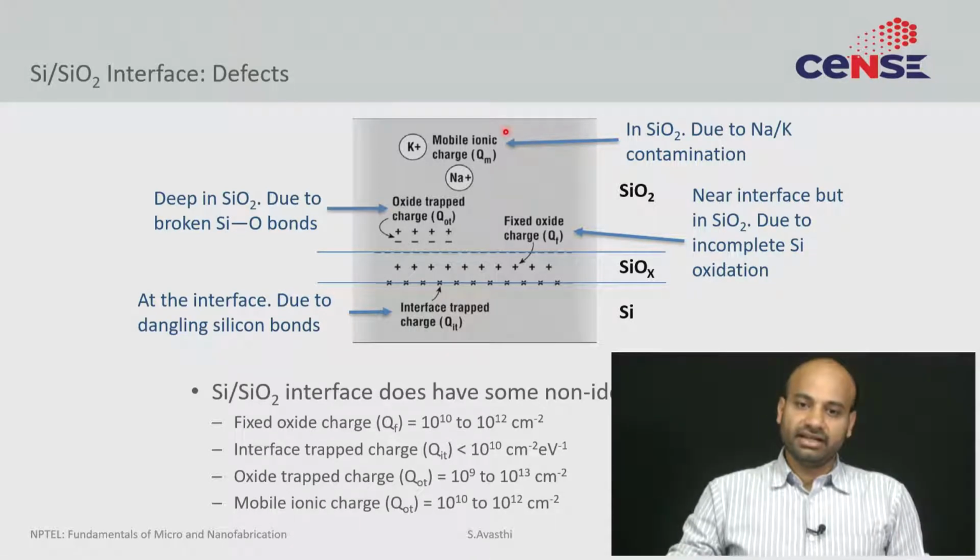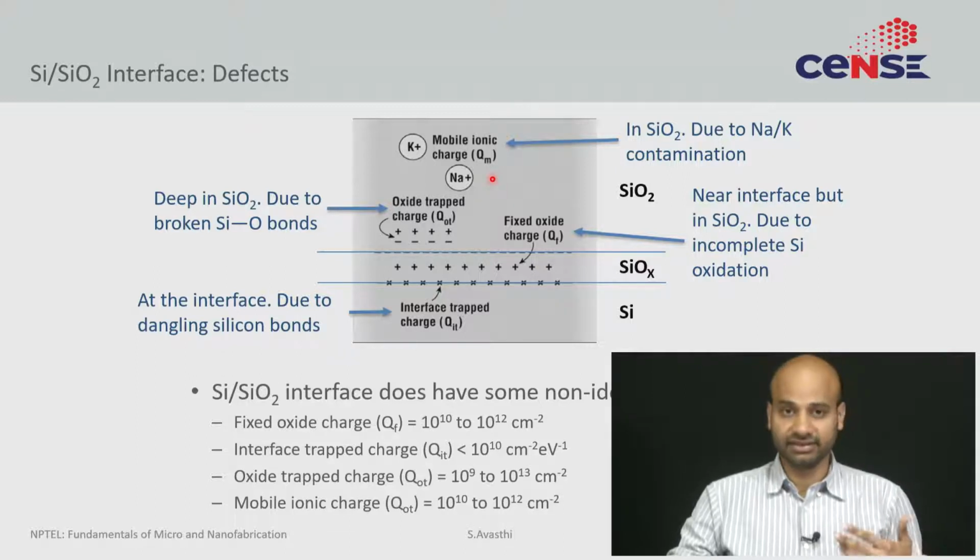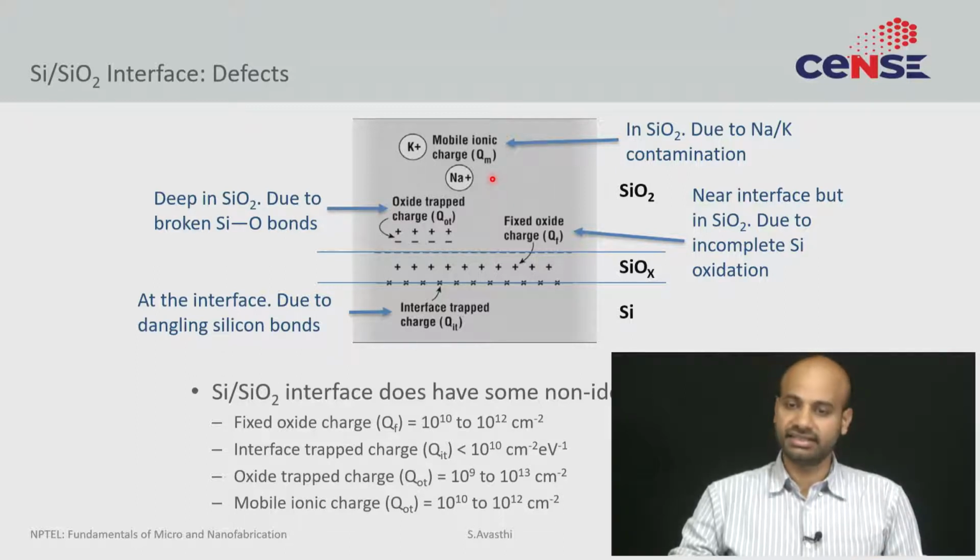Whatever that ionic contamination is would cause some amount of defects. What type of defects, I think we touched upon in the first lecture when we were looking at the introduction. They can cause some transient effects, some hysteresis, some drift in the characteristics of the devices, etc. So primarily these are the 4 types of defects that we have to worry about when we are looking at the silicon dioxide interface.